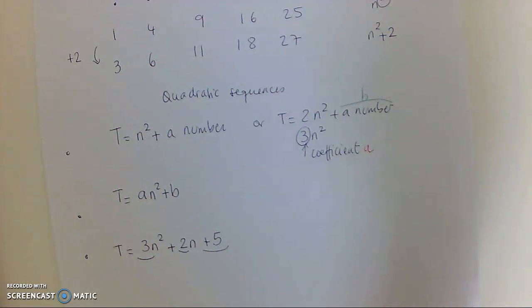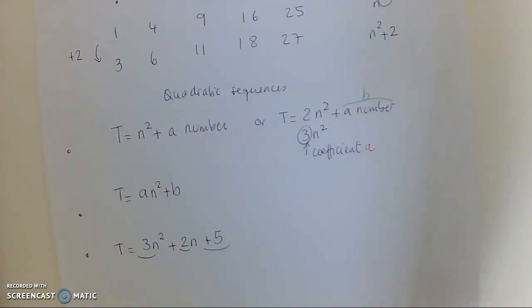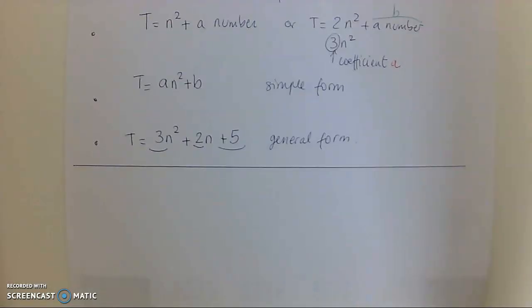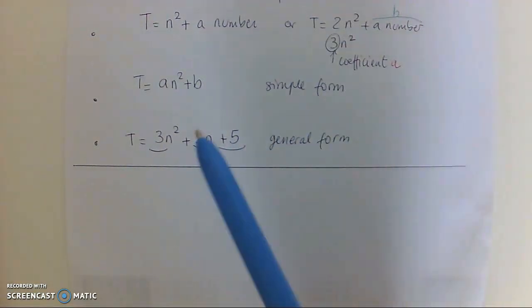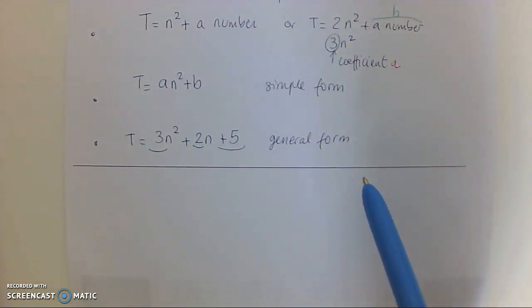And that would be the most advanced version of a quadratic sequence, with not only n squared but also with n. But the same sort of general principle will still apply.